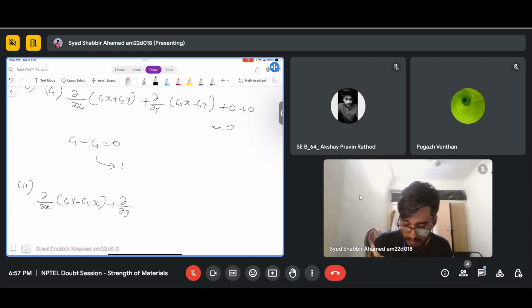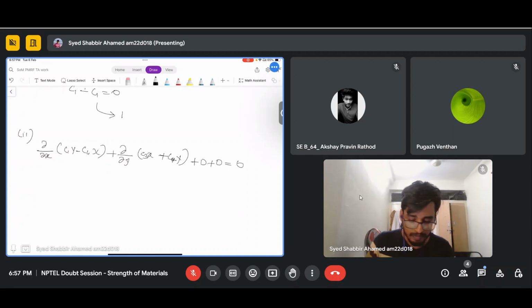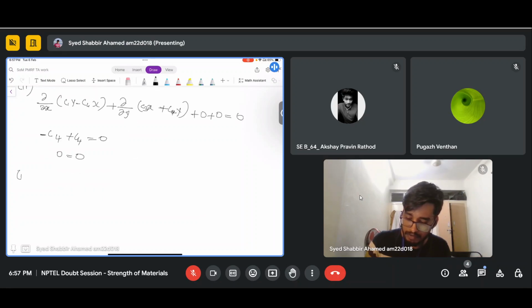So sigma yy we have c3x plus c4y, and again the body force and z component are 0. So we have minus c4, and we'll get c4 equal to 0. So 0 equal to 0, again the second equation is satisfied. The second force equilibrium condition is satisfied.